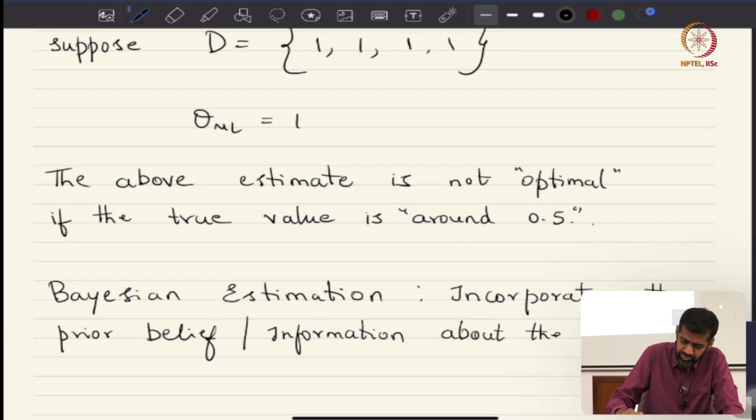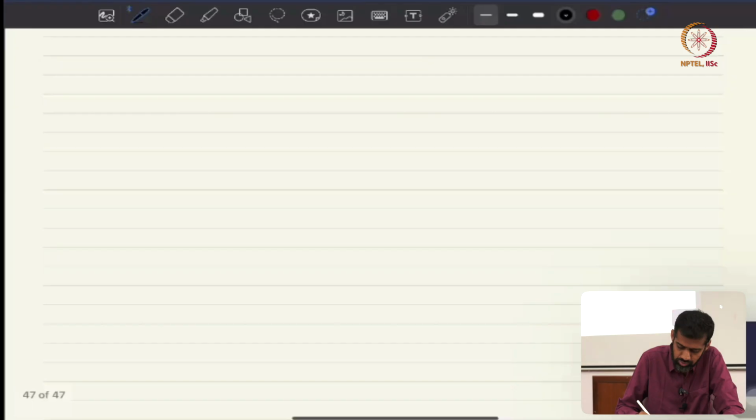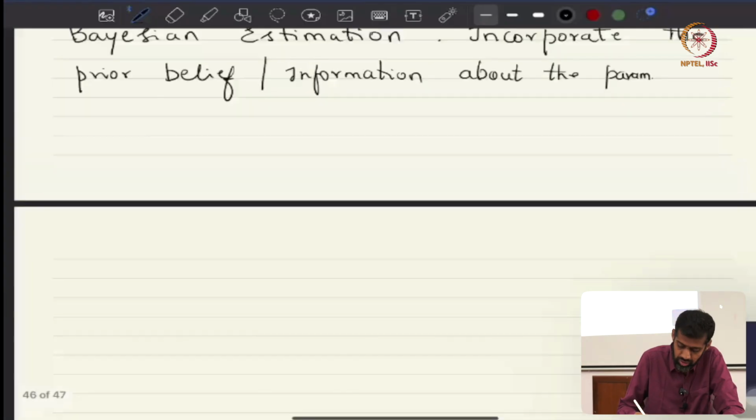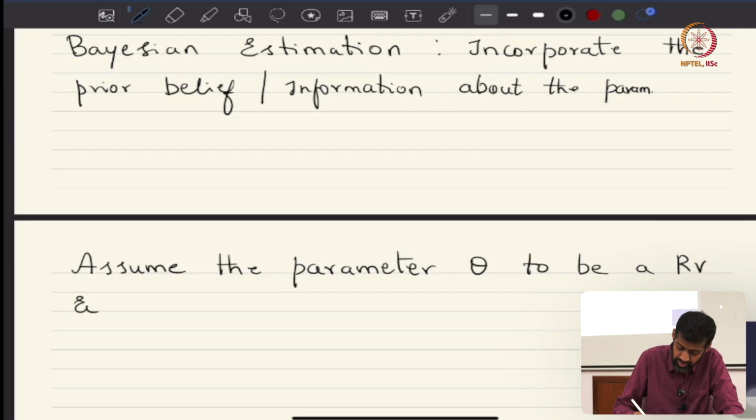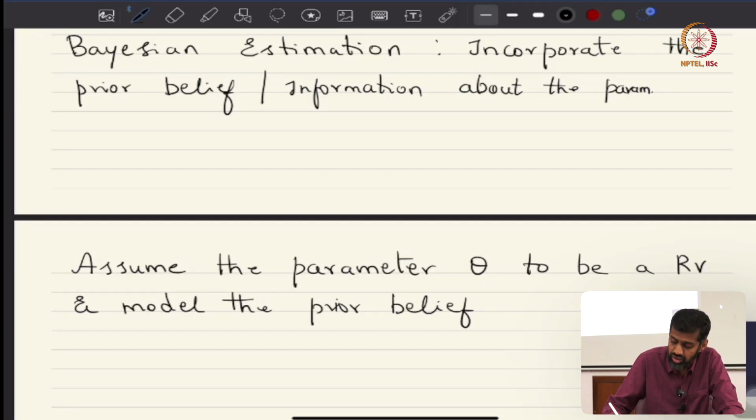In Bayesian methods, the mathematical way to do it is to assume the parameters theta to be a random variable and model the prior belief in its distribution.